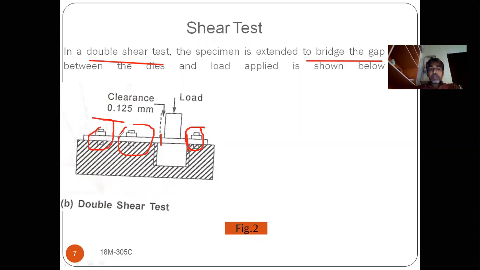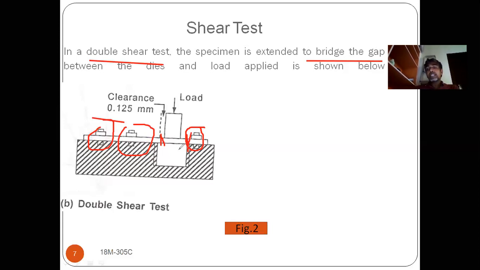Here you are clamping the specimen on this side by using two clamps, and on this side by using one clamp. In between you have a free portion of the specimen, and you apply a transverse load by a suitable die, maintaining a clearance of 0.125 mm at both the ends. When you apply the load, this side as well as this side will shear, because you have both the ends.